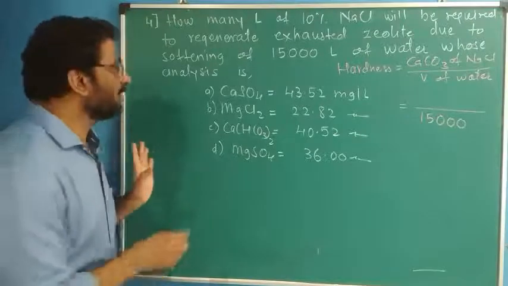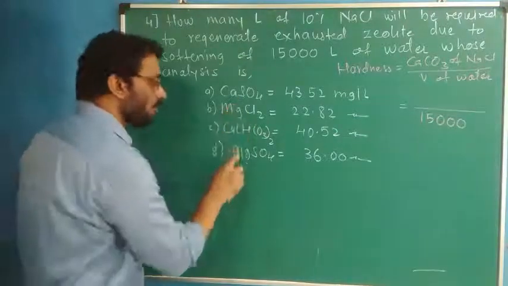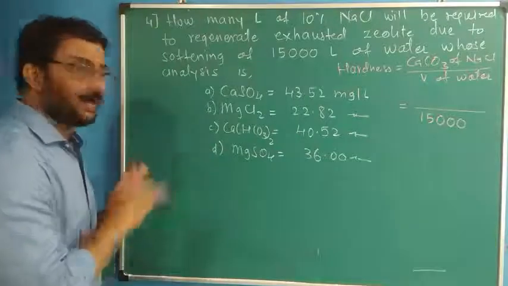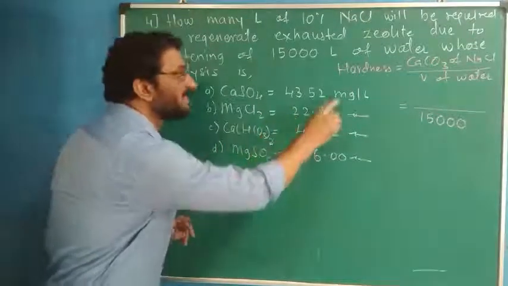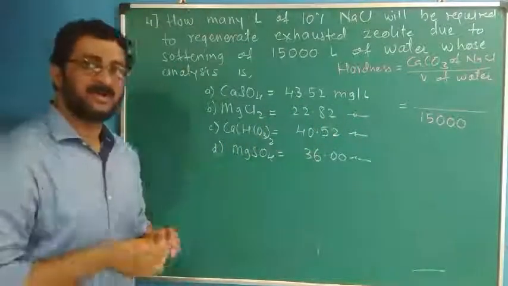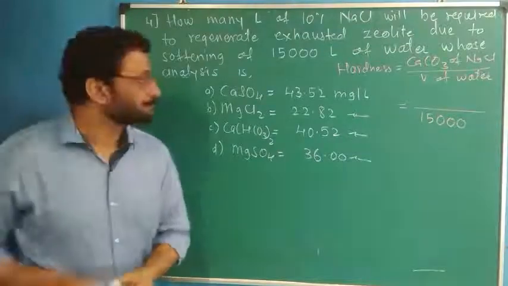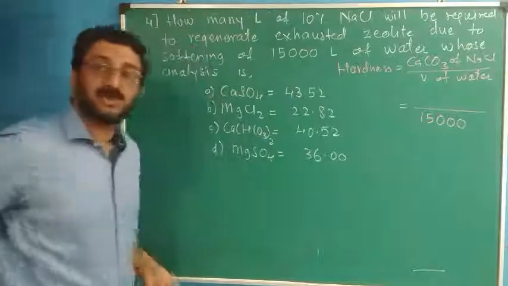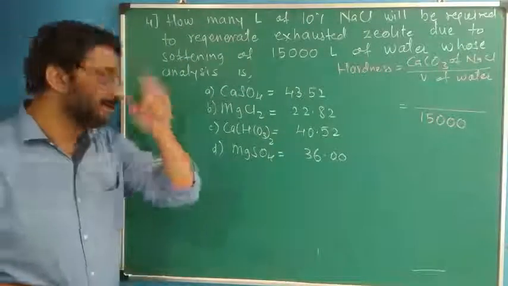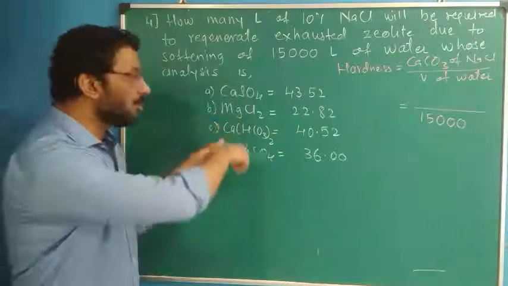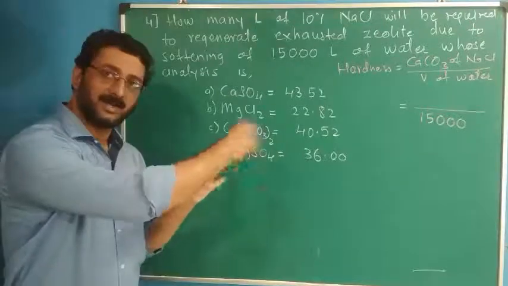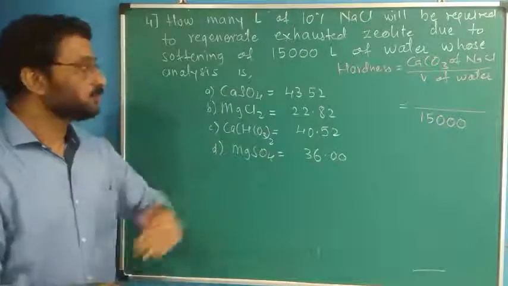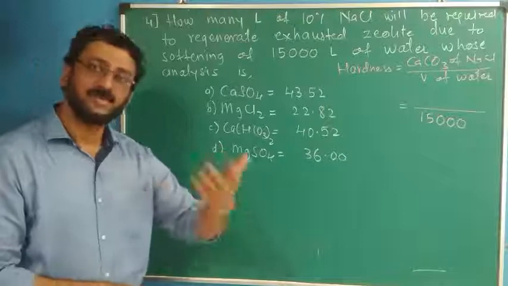How to find out? They have given the names of the salts responsible for hardness, their amounts in milligram per liter. Simply you convert these weights of the salts into their respective CaCO3 equivalent. Simply convert the salts who are causing hardness to 1 liter water to their respective CaCO3 equivalent.